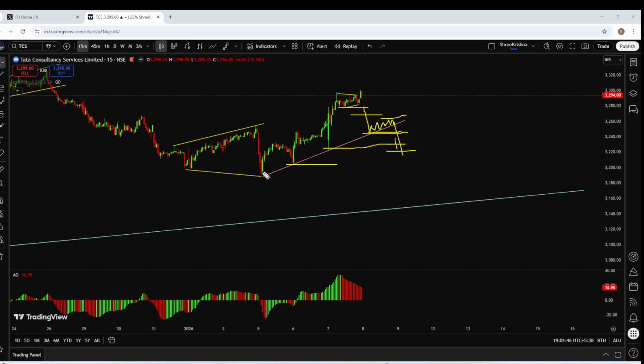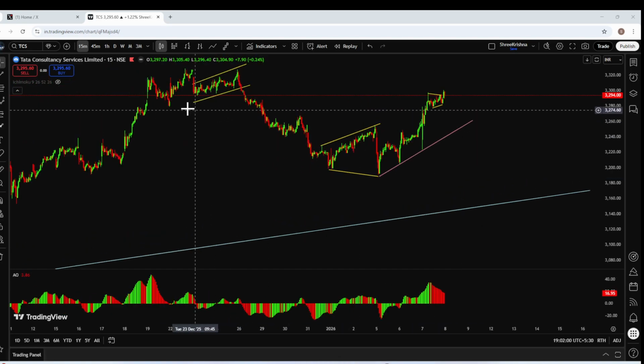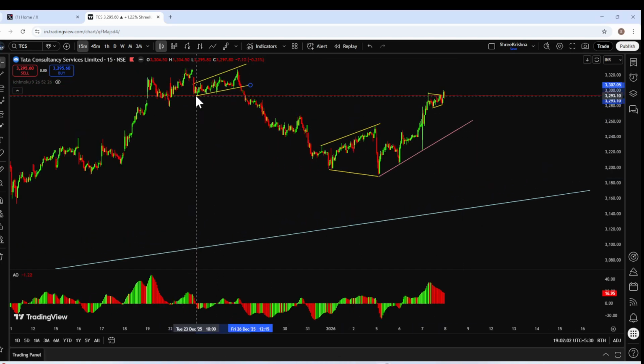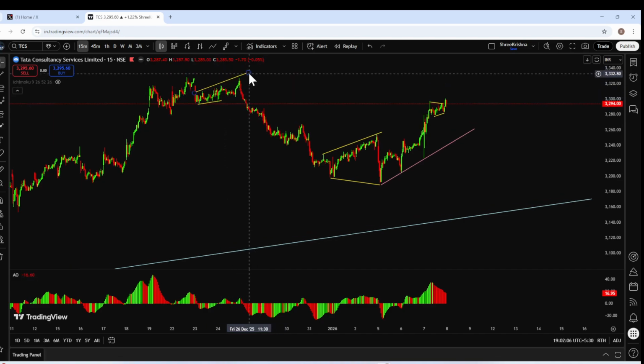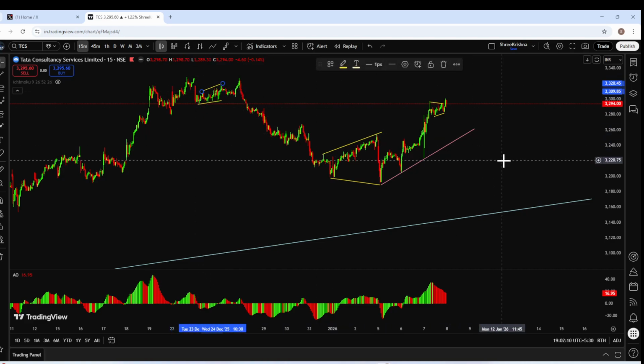When price reaches somewhere here or somewhere like 3160, we do a voluntary profit booking. We straight away go into profit booking. We do not want any zigzag pattern to take our profit away from us.